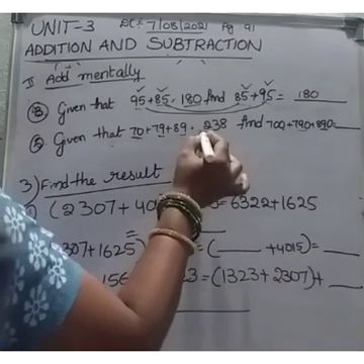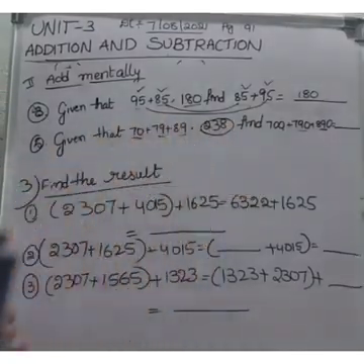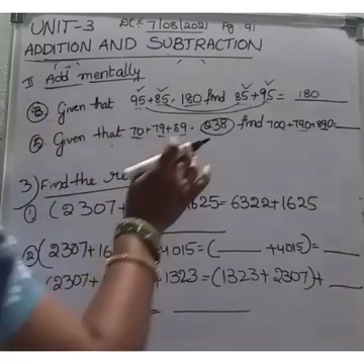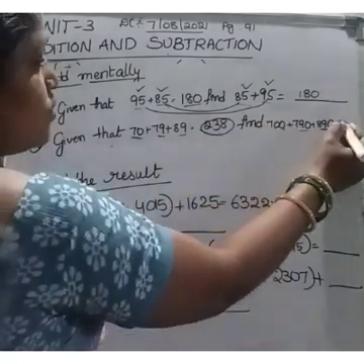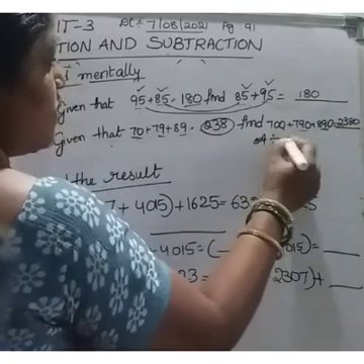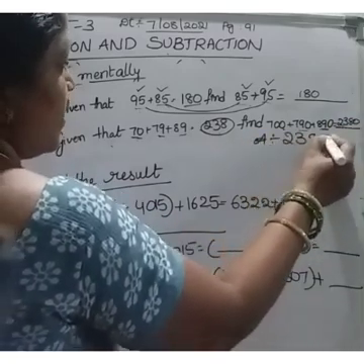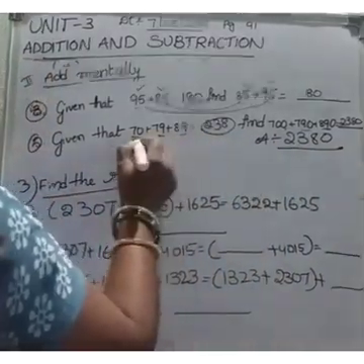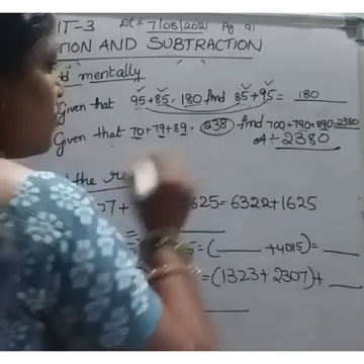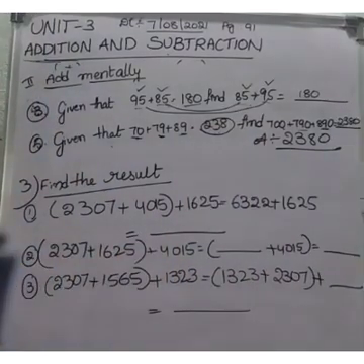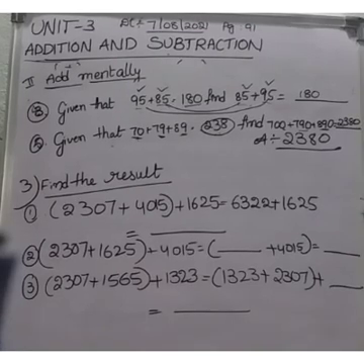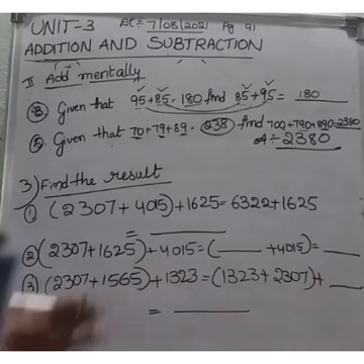So think mentally what answer we have to get here. The answer is 2380, because all these numbers have one more 0, so we have to write one more 0 in the total also. Answer is 2380.